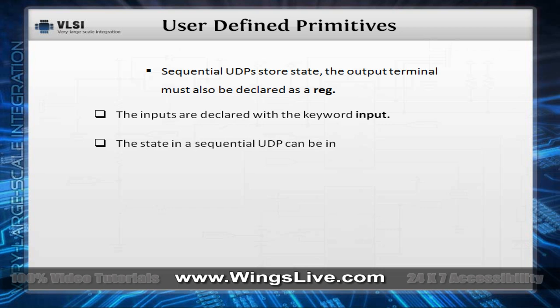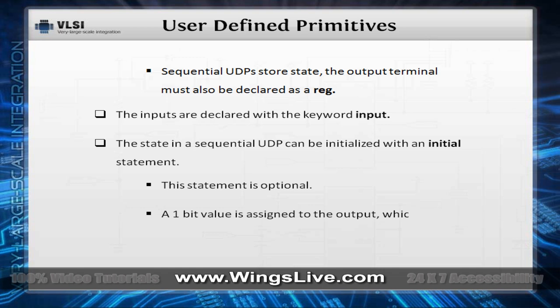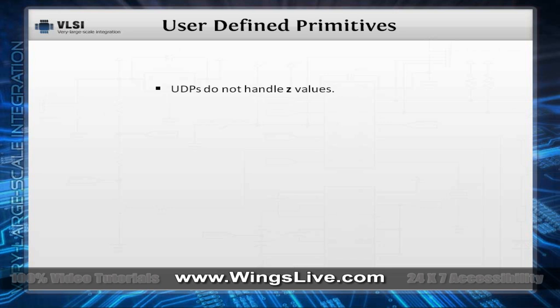The state in a sequential UDP can be initialized with an initial statement. This statement is optional. A 1-bit value is assigned to the output, which is declared as reg. The state table entries can contain values 0, 1, or x. UDPs do not handle z values.